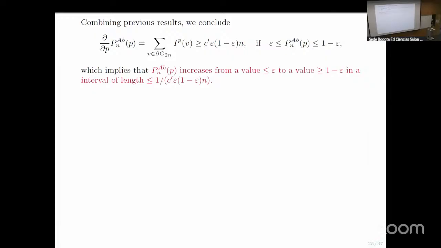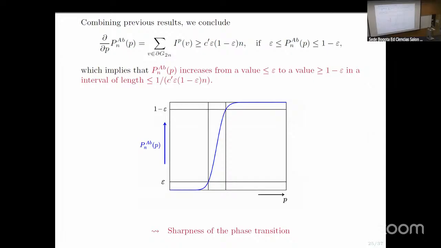That means that Pn is increasing, and it changes from a value below epsilon to a value above 1 minus epsilon in a window that is very small, and this window goes to 0 when n goes to infinity. So I start at a value very close to 0, and then suddenly I go to a value very close to 1, in a very small window. That is enough to show a phase transition.